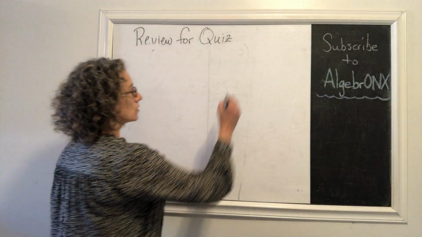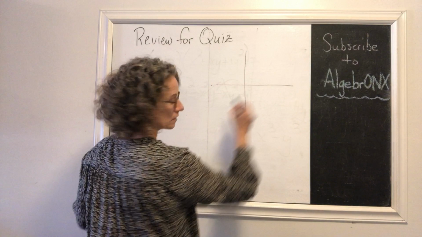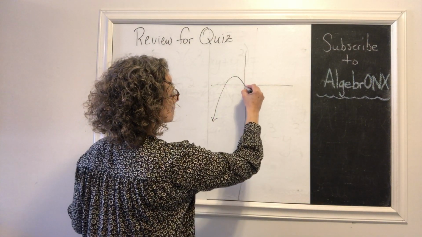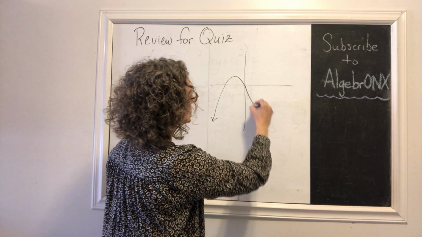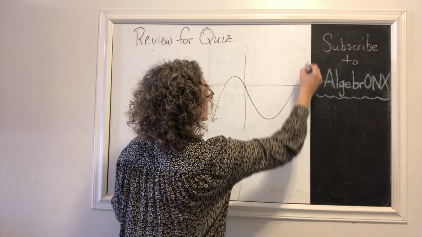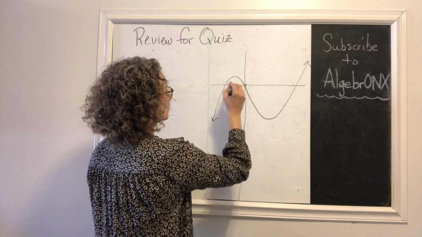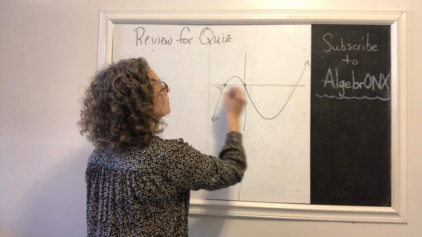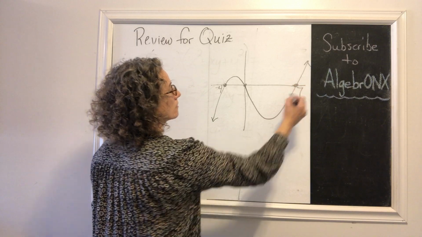The graph of the function is going to look something like this. I'm going to put a point there and tell you that that's -4 and that's 7.